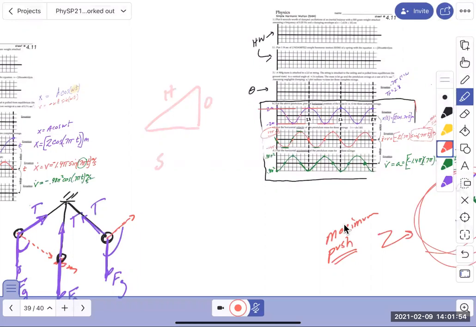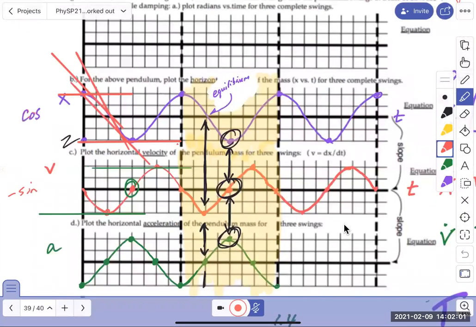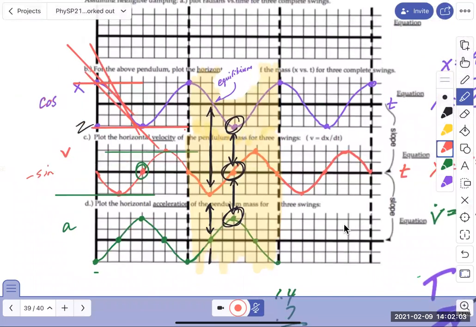So SOHCAHTOA, okay. Here's what I did this morning that actually was pretty good. I looked at this same sine cosine thing, and we looked at different points along the path of the pendulum going back and forth. That middle point is equilibrium. And at each point, we compared what is the position, what is the velocity, and what is the acceleration. And then talked about why it would be that way. Like when it's at equilibrium, the position is 0. That's ground state.